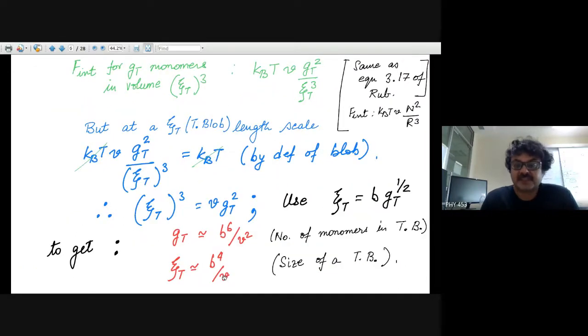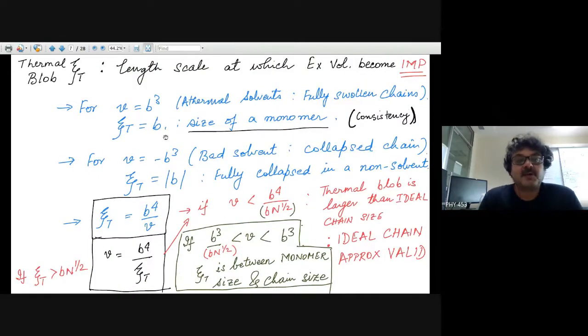From this expression, the thermal blob is the size of a monomer, right? So for an athermal solvent, the thermal blob size is that of a monomer. So it's always excluded volume interactions that are important for an athermal solvent, because v equal to b cube.